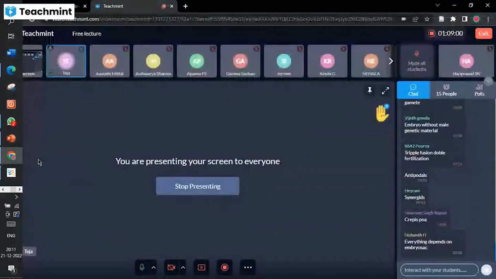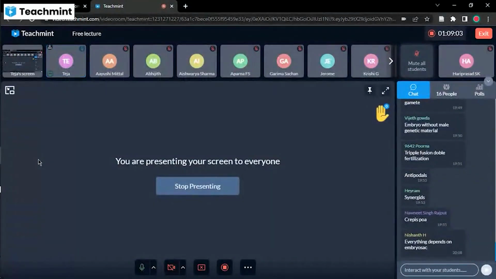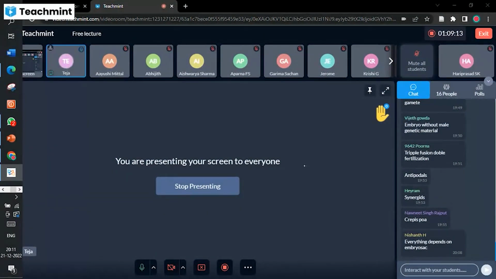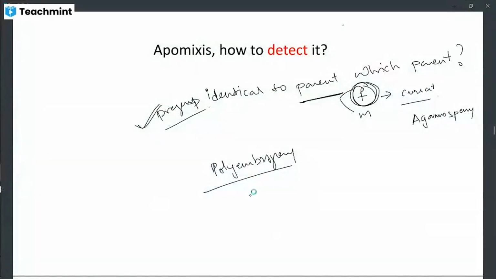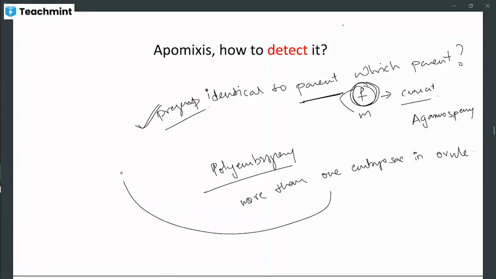More than one embryo condition. Okay. To be more precise, it is more than one embryo sac in ovule. This is the condition which clearly states the plant is undergoing the apomixis mechanism.